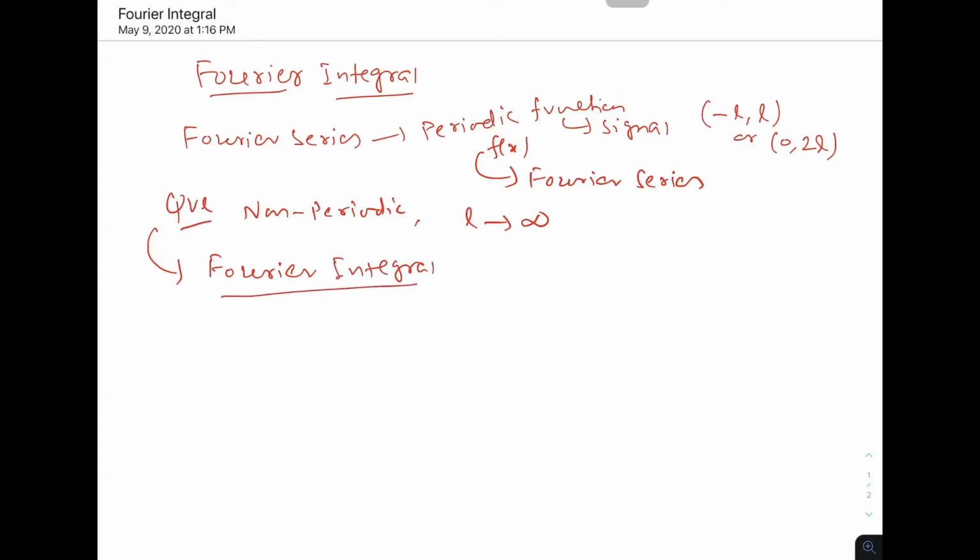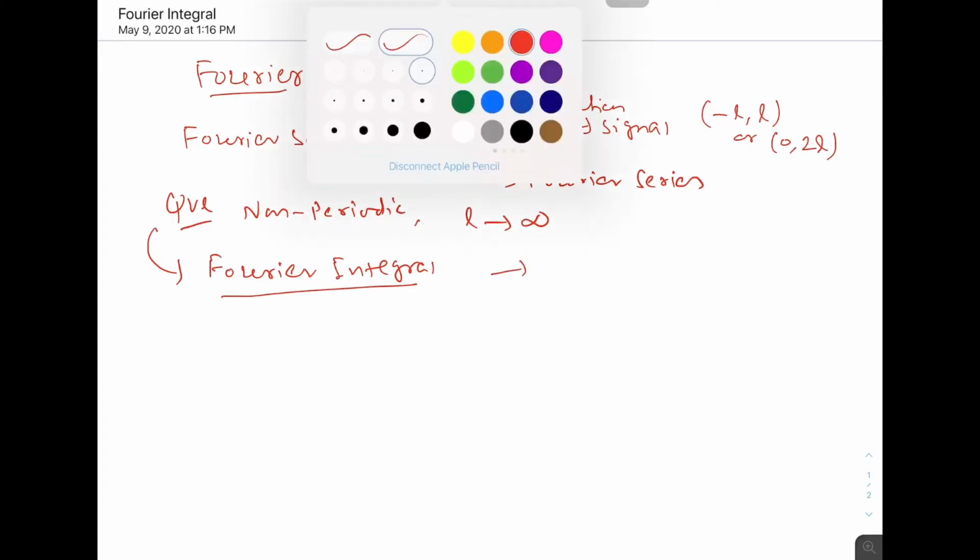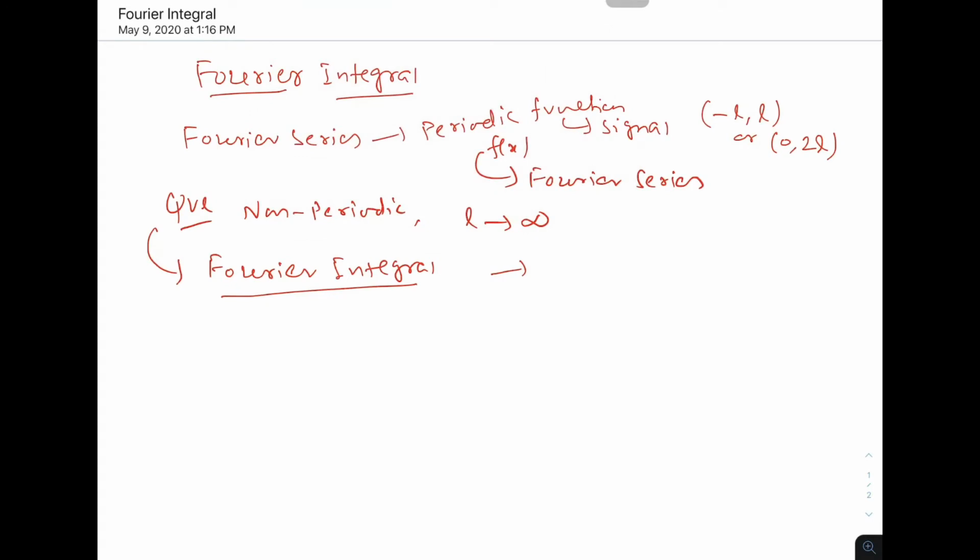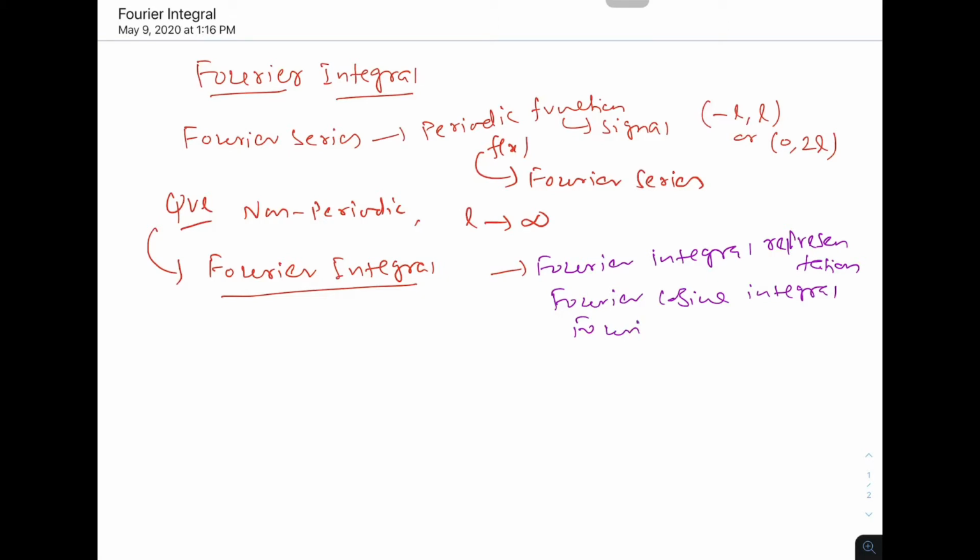So here we are going to study the Fourier integral representation, then the Fourier cosine integral and Fourier sine integral.